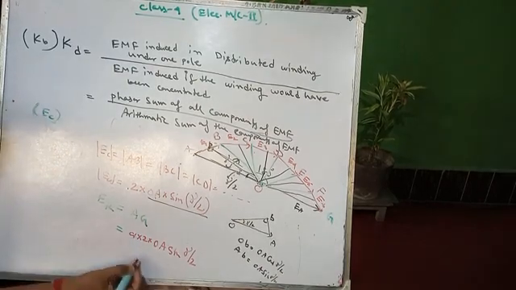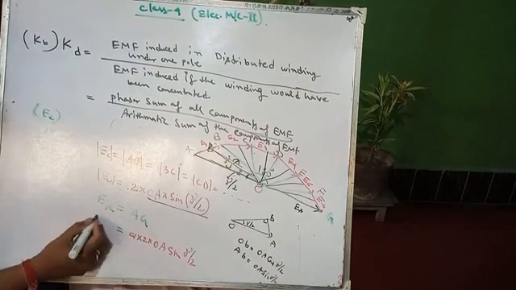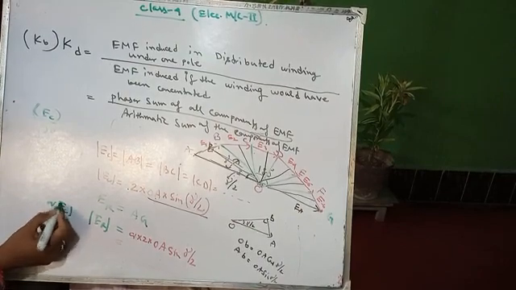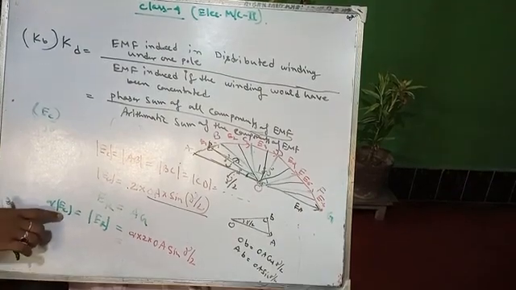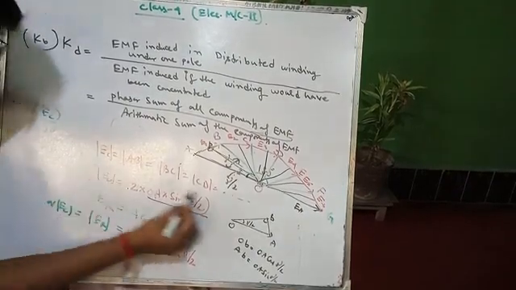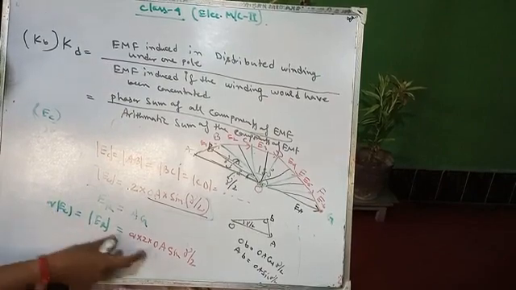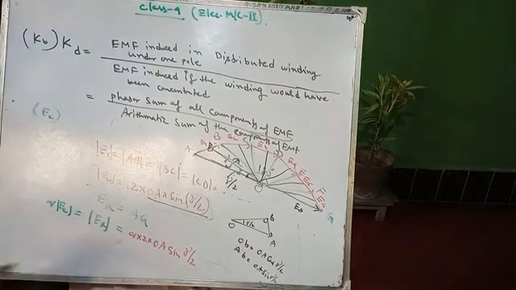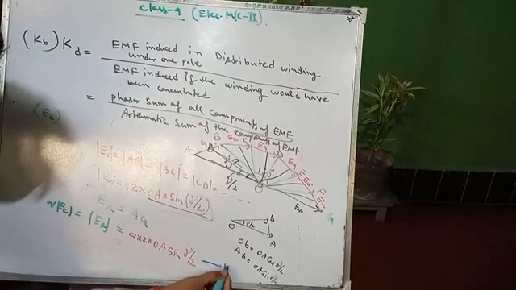So q times EC, because there are q number of slots, so EC will result in each slot or each coil. So q into EC equals this one, and I am making this equation number 1.